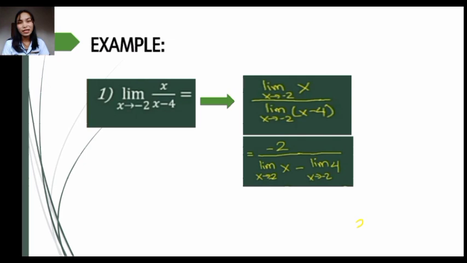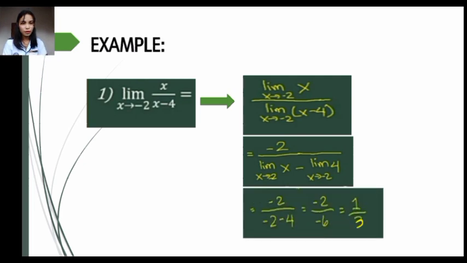The limit of x as x approaches negative 2, by the identity rule, is equal to negative 2, as our numerator, over the limit of x as x approaches negative 2 minus the limit of 4 as x approaches negative 2. Now we can simplify our denominator using the identity rule and constant rule. The limit of x is negative 2 by the identity rule, minus the limit of 4, which by the constant rule is 4, giving negative 6.